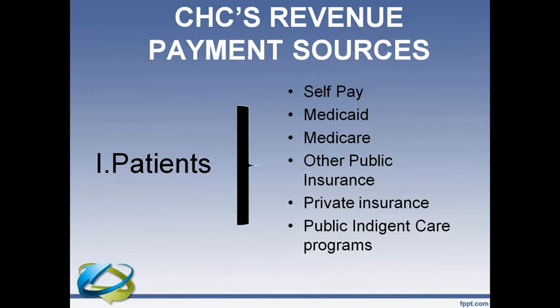That's tied to your sliding fee primarily. Medicaid, in some states, Medi-Cal, and your Medicare payer source. There's other public insurance payments, and there's private insurance payments, and then of course there's also indigent care programs in some of your states. Those are very specific to your specific state. So that's, from the patient's perspective, that can be any of those type of source of payments that a patient can generate.